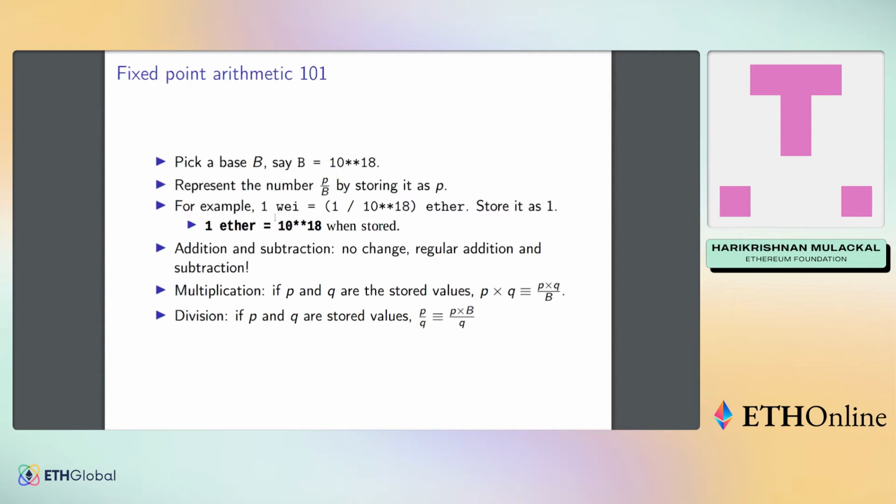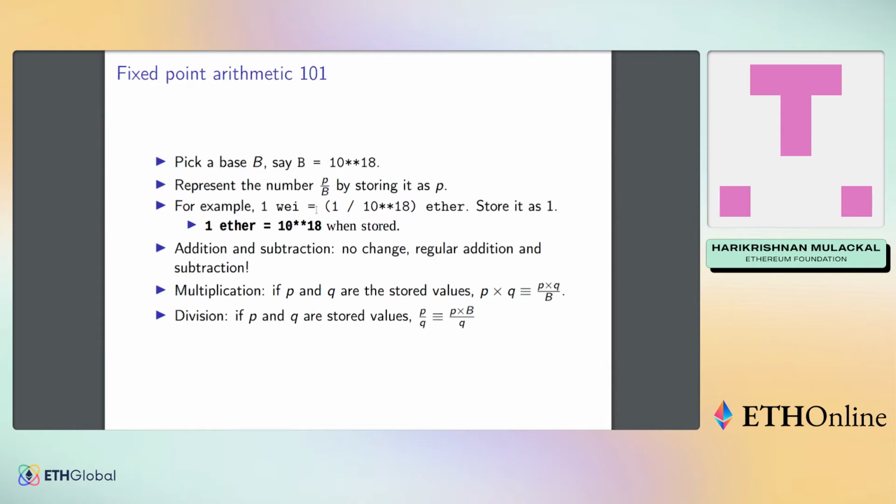So you represent a real number p/B by storing it as p. As an example, one wei, which is actually the fraction 1/10^18 ether, you store as 1 instead of 0.000... with 17 zeros and then a 1. It would be represented as 1 in the EVM, and the way to interpret this is by thinking about it as 18 decimals.